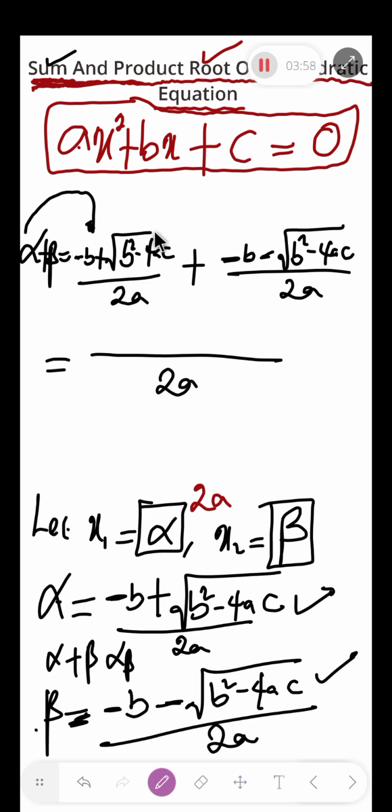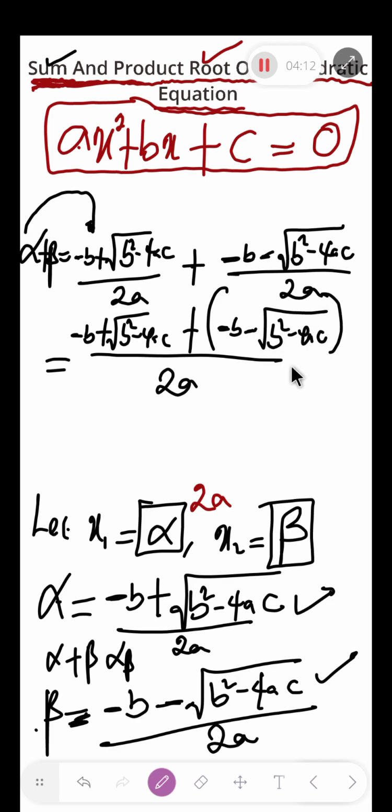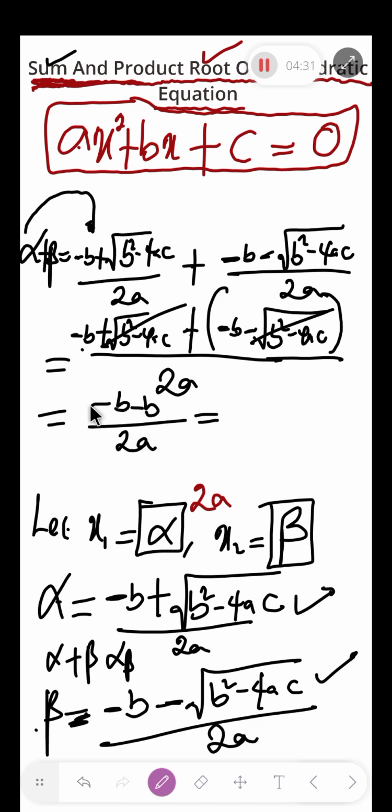Then the square root terms, positive and negative, cancel out. Whatever I have left is minus b minus b, which is minus 2b over 2a. So 2 cancels 2, hence I have minus b over a.